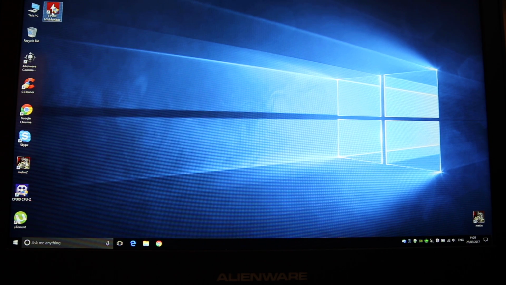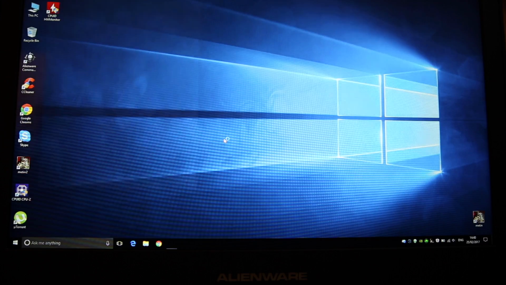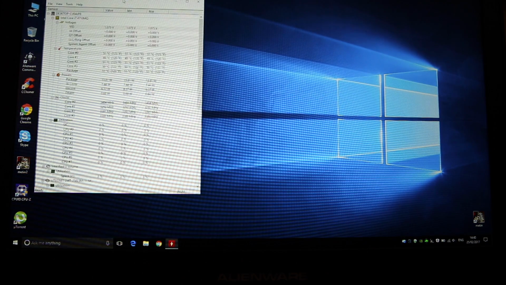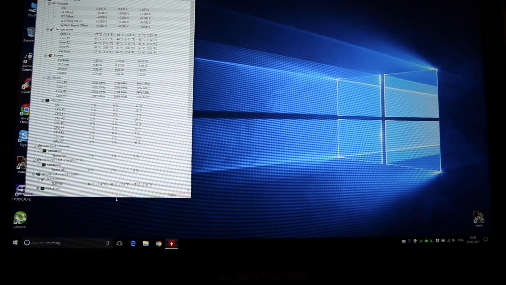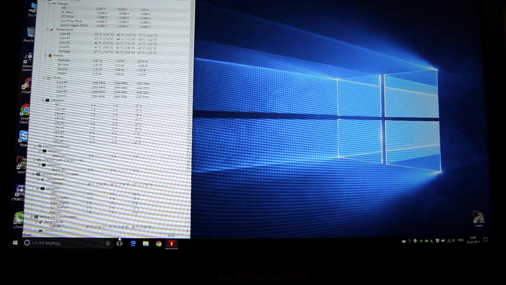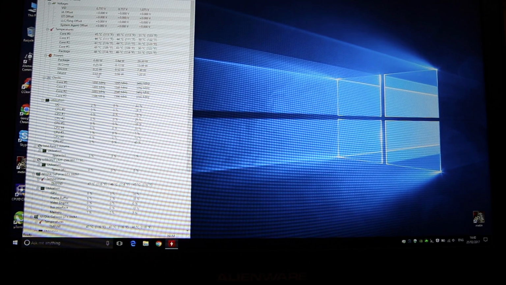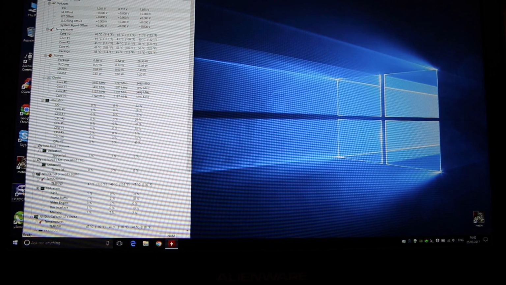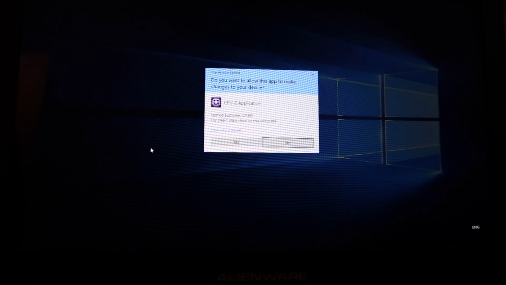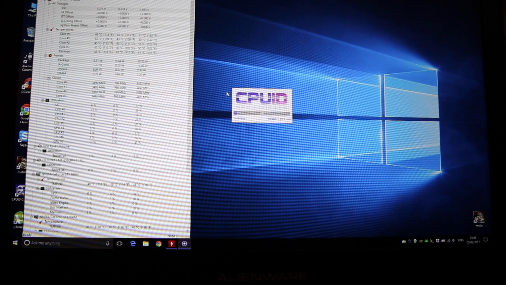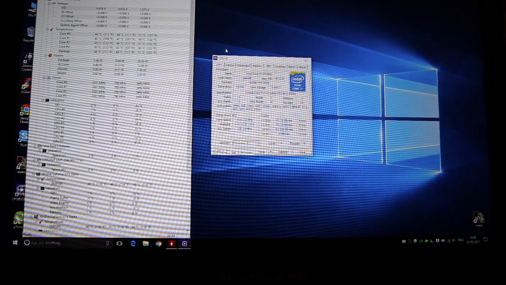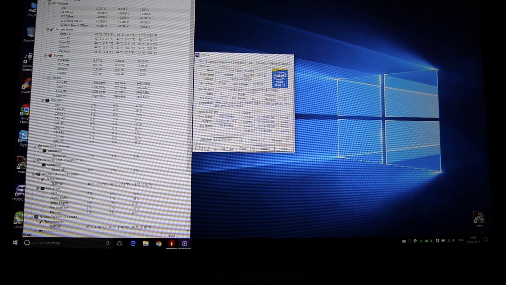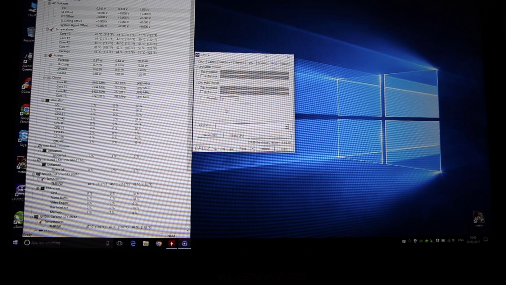You can see the temperature. Same 4th generation processor. So let's check. Let's stress the CPU.